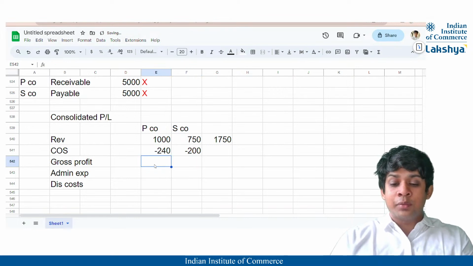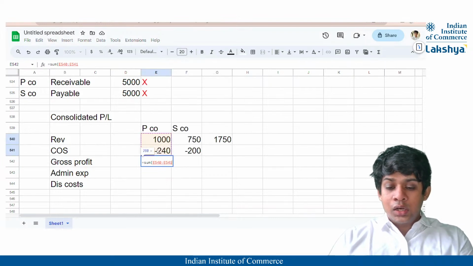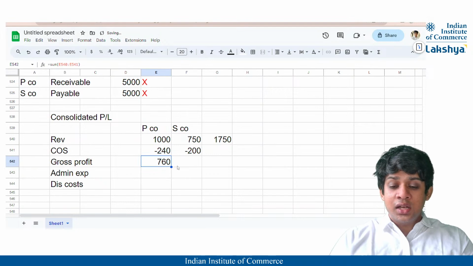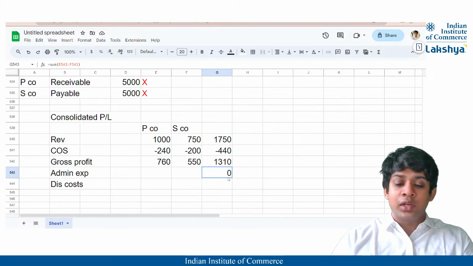I'm just taking random numbers. And thus the gross profit will be nothing but 1,000 minus 240 is 760, and here it is nothing but 550, and the total will thus be 1,310, which is the gross profit of the parent and the subsidiary company.